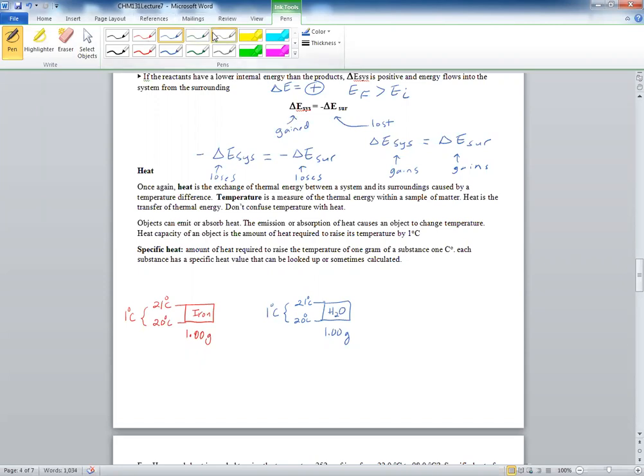This could not happen by using the same amount of energy. For iron, you need to put in 0.45 joules of heat. And for water, this would be 4.184 joules. So look at the difference here: they require different amounts of heat.